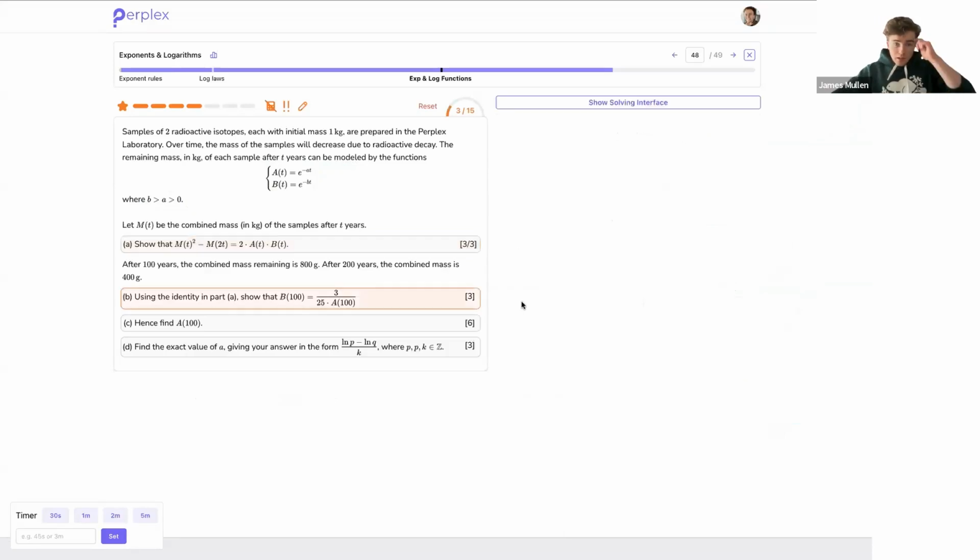Cool. Part B. So after 100 years, the combined mass remaining is 800 grams, and after 200 years, the combined mass is 400 grams. Okay, so I'm going to write t is equal to 100 years, and that means that 2t is 200 years.